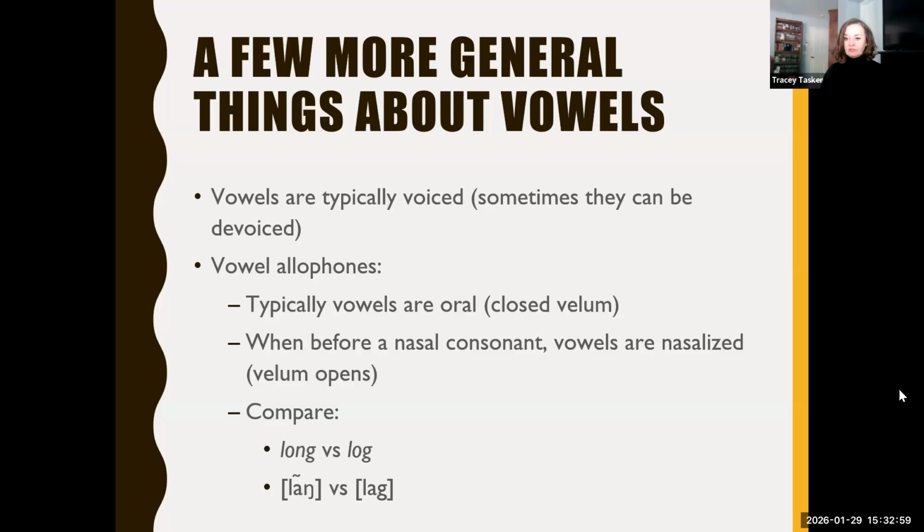We make vowels with a closed velum. We talked about this a little bit in our last video. The exception would be when the phonetic environment involves a nasal consonant, like n or m or ng. When we have a nasal consonant next to a vowel, it's going to change how we produce that vowel.